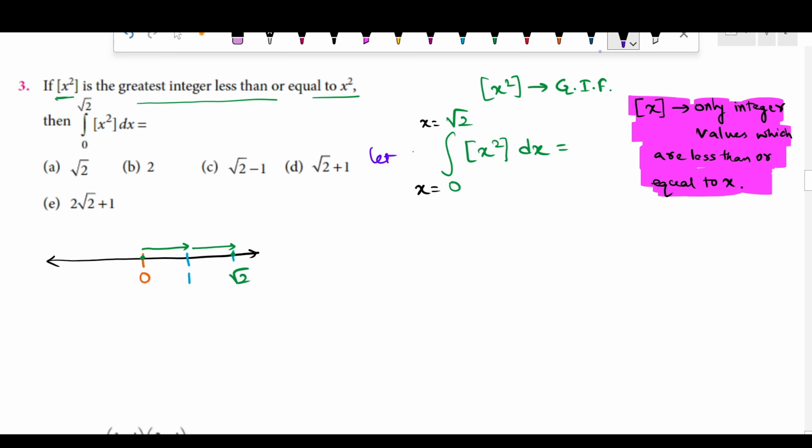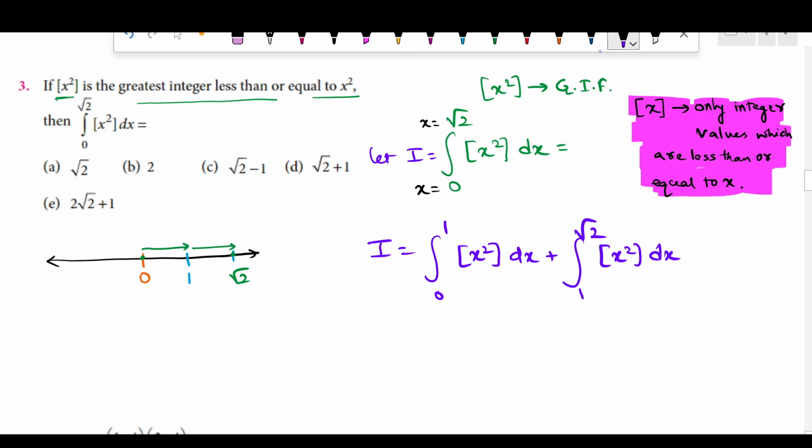So let I be this, so we integrate it from 0 to 1 of x square dx, plus then from 1 to root 2 of x square dx. Now in case of 0 to 1, if you see x square, where x is from 0 to 1, this will be equal to 0.